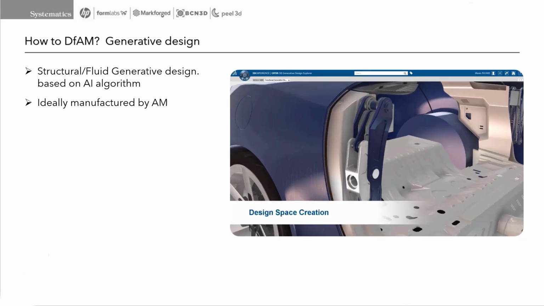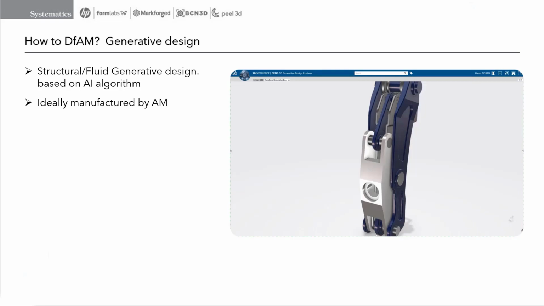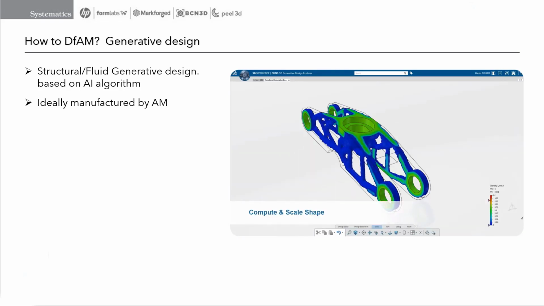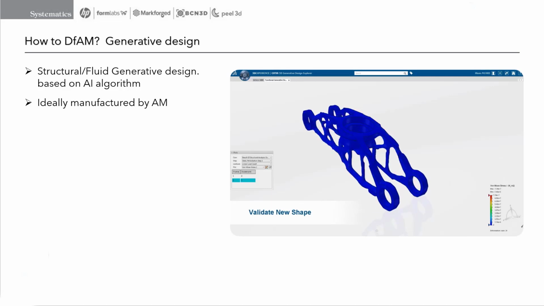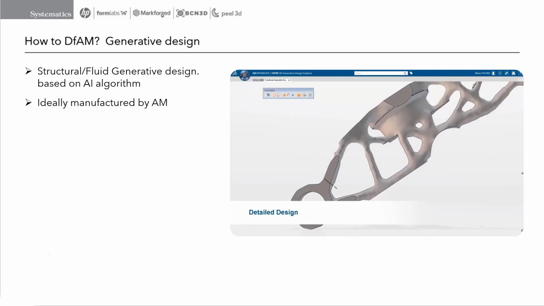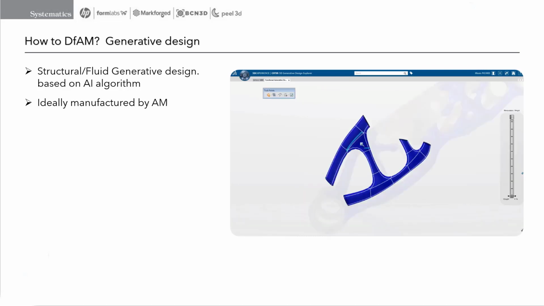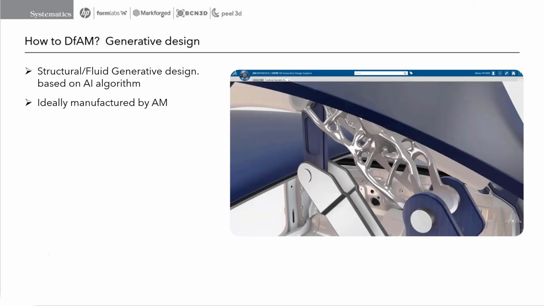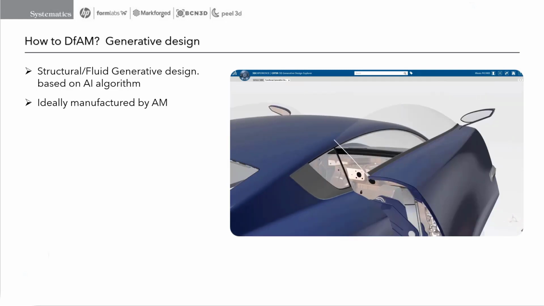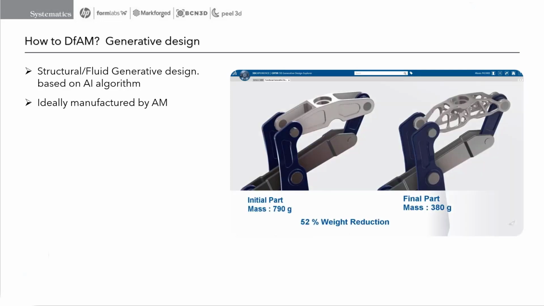Structural and fluid generative design is a powerful approach that goes along with DfAM. Structural generative design uses algorithms to create optimal part geometries that are strong and lightweight. By inputting design constraints such as load, boundary conditions, and material properties, the software generates a design that is optimized for the specific application.